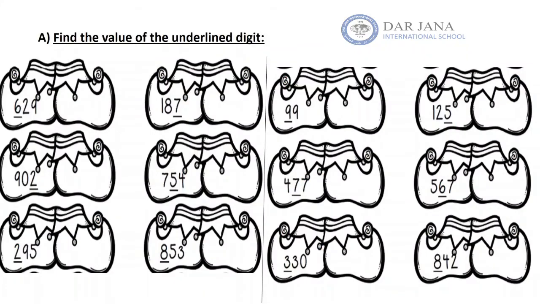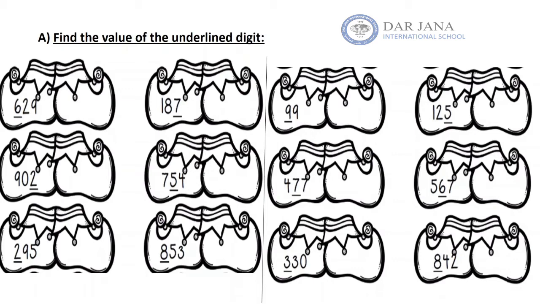I told you before you have two ways to know the value of the underlined digits. Some of the students will only read it to know the value. Some of the students will draw it. It's up to you. But you have to know the position of the digit before you decide its value.